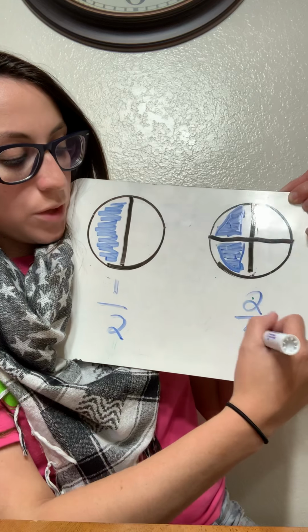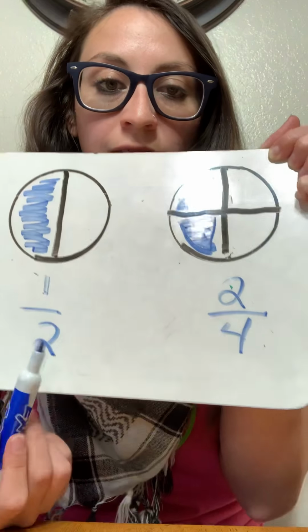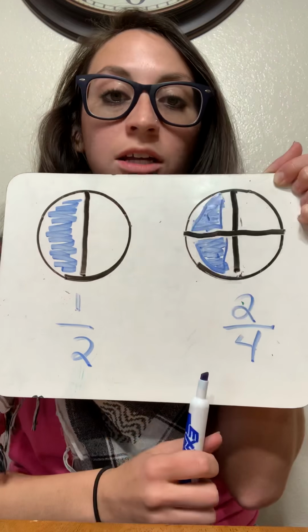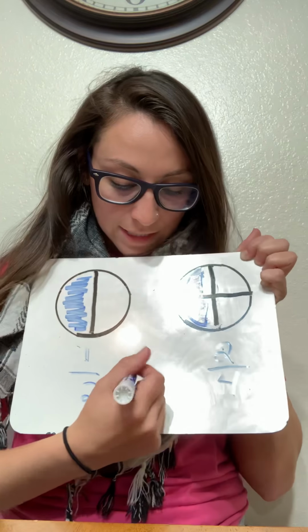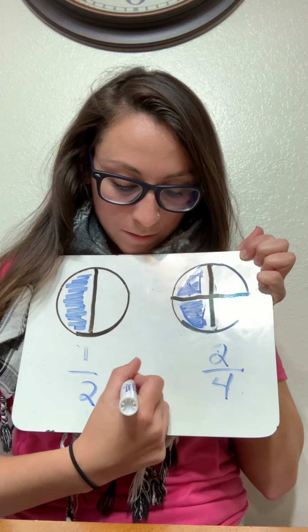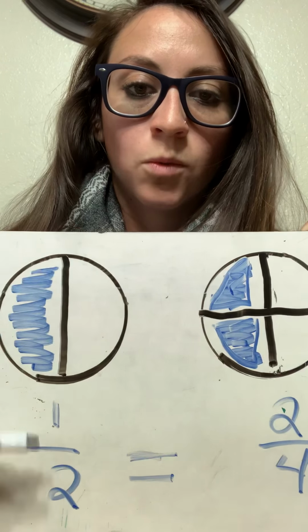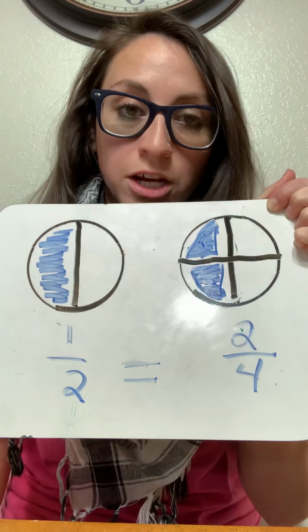So that's why we put a 4 here. Now you guys said earlier that this pie and this pie both have the same pieces gone. That means they're equivalent or equal. They're both missing the same amount of pie. 1/2 is equal to 2/4 as a fraction.